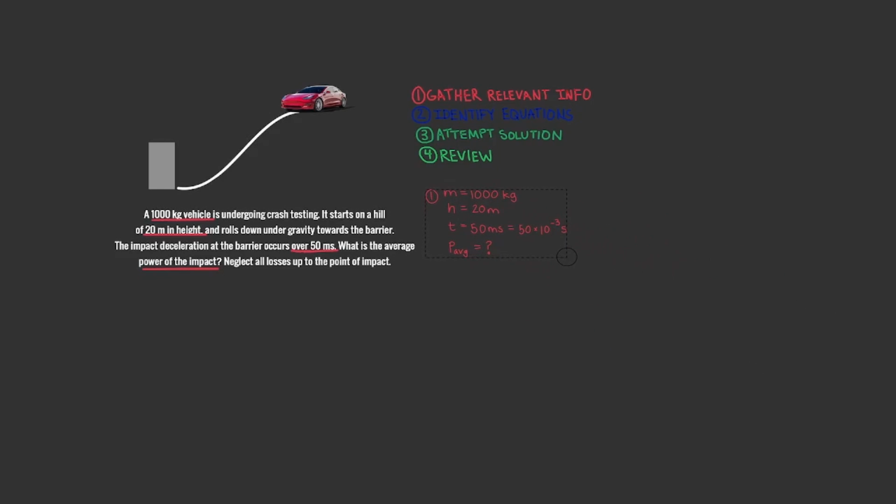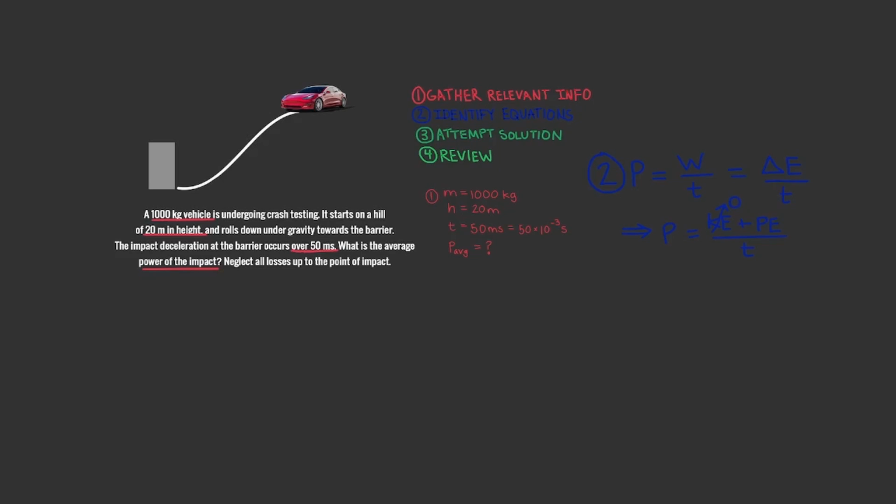Let's move on to step 2, identifying the equations we're going to use to solve this problem. If you just look up the equation for average power, you'll find that power is equal to work over time. This is also equal to the change in energy over time. In this case, that's equal to the change in potential energy plus the change in kinetic energy.